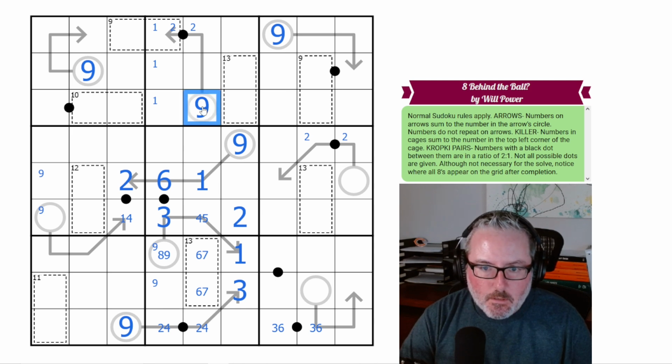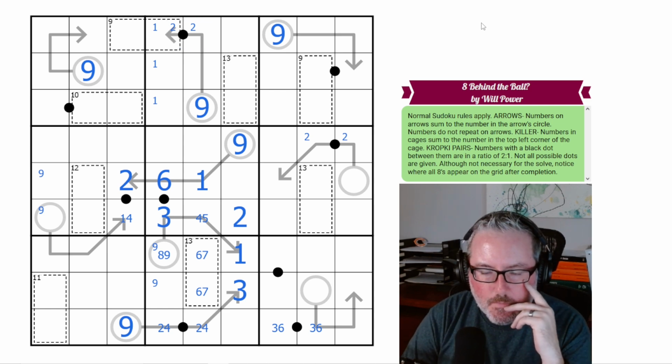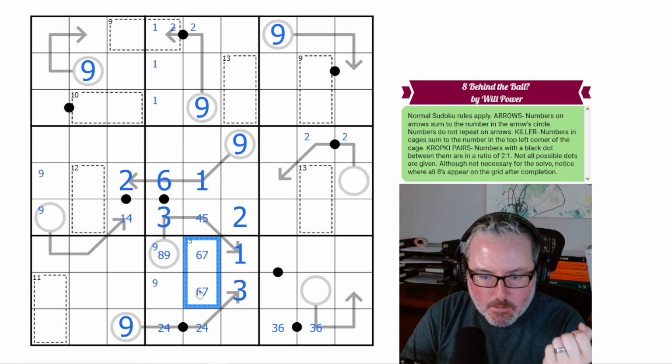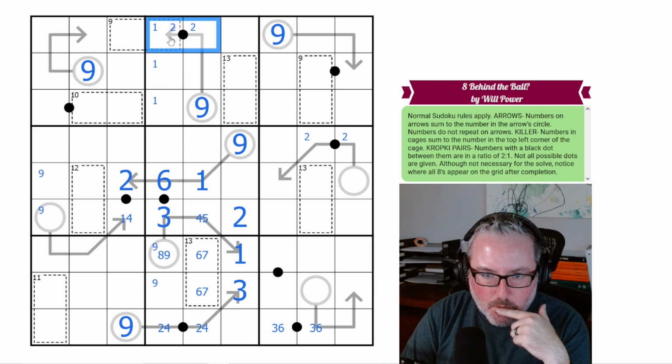We know this is a 9. It still doesn't really tell us much about this Kropki dot, I don't believe. Because if it was a 1-2 Kropki dot, well, maybe it does. Yeah, if it was a 1-2 Kropki dot, this would have to be a 6, and we have a 6 looking at it. So this cannot be a 1-2, which means this is not a 1.